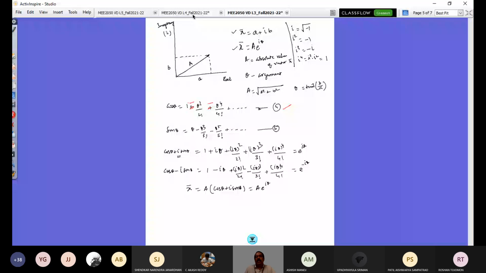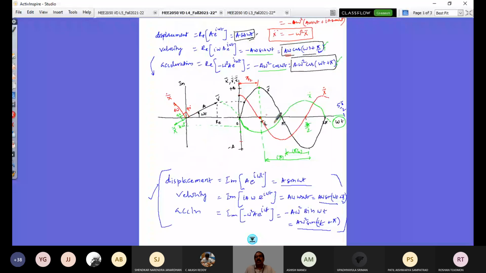especially on this. Yesterday, of course, the doubt would come. I could have projected the plot straight away and then explained, but that may not be retained in your mind. As we are learning, we should attempt to do the plot, and at that time we may make a mistake or fumble, but that would tune us to have clarity of understanding.